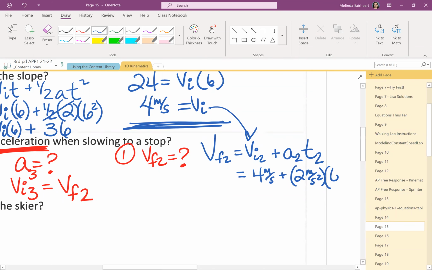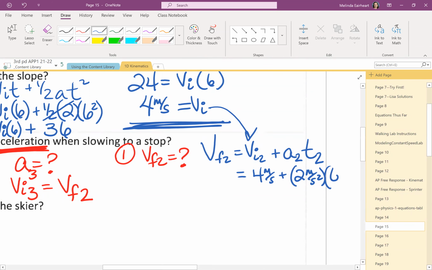Right, it becomes meters per second, which it should, because you have to add apples and apples. Meters per second plus meters per second, that makes sense. And so now for the easy numbers, we get 12 plus 4, or 16 meters per second is the final velocity of part 2. And it now becomes the initial for part 3.